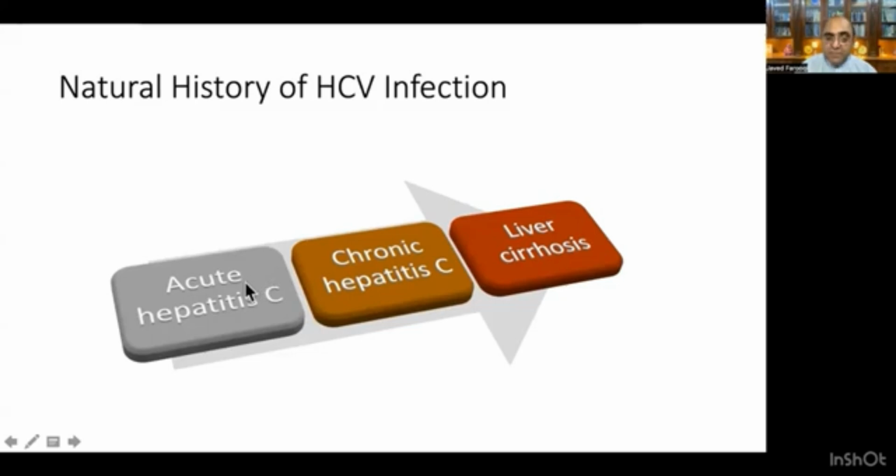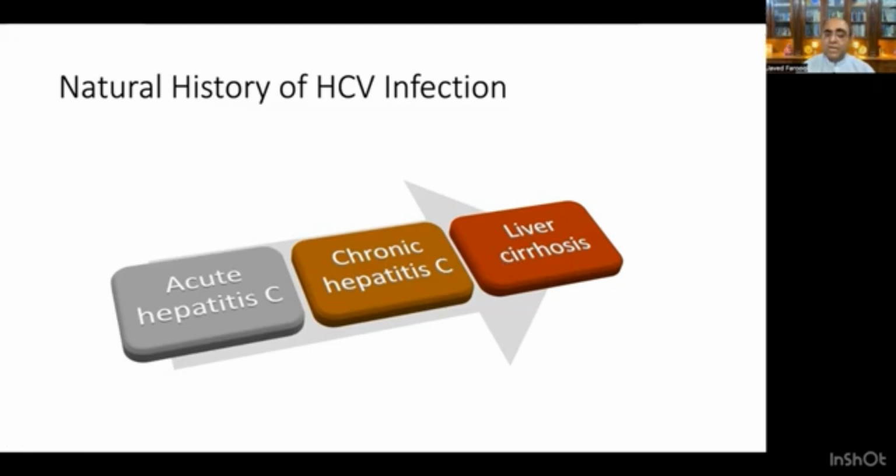When a patient presents with acute hepatitis C, clinically we rarely see patients presenting with acute hepatitis C. This stage passes unnoticed, and what we see in most cases is patients with chronic hepatitis C. By definition, acute hepatitis C after 6 months will be called chronic hepatitis C, and if we don't treat chronic hepatitis C, there's a risk that the patients will develop liver cirrhosis and its sequelae.